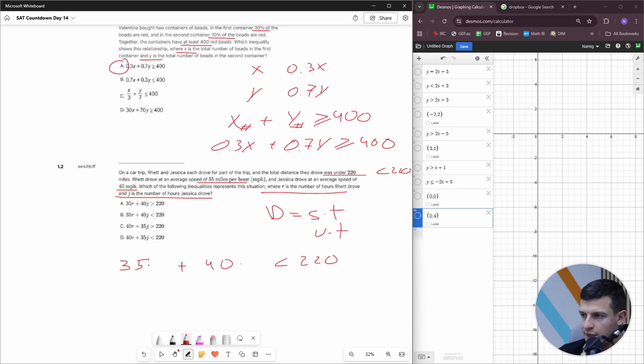So what is the time that Red drove? That's R. What's the time Jessica drove? That's J. So 35R plus 40J should be less than 220. We have to be careful when we pick the answer because they're all very similar. It's not 40R, not this one, A or B, and less than 220. So our answer is going to be B.